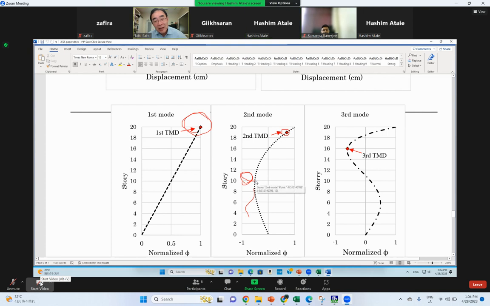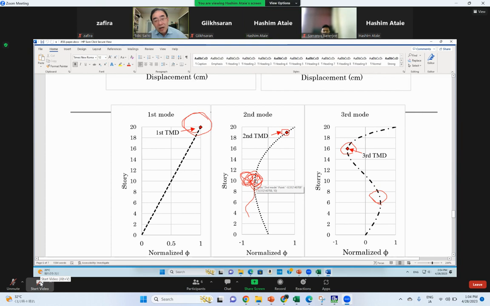You must think about another technique maybe. Maybe I think it's reasonable to reduce amplitude here. Third mode may be possible here or here. Yeah, it is. So could you try changing the location for the second mode there?